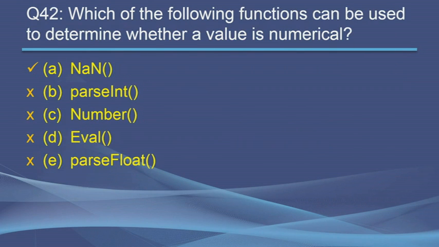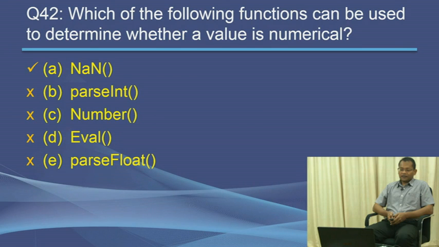So before that, we also need to look at which of the following functions can be used to determine whether a value is numerical. Now the important thing is you can use certain built-in functions in JavaScript to do certain tasks, and you need to know what these functions are because these are the main functions that you can use.